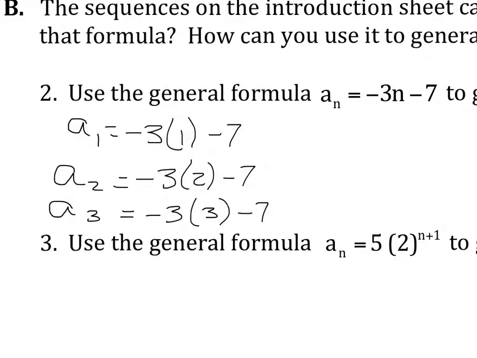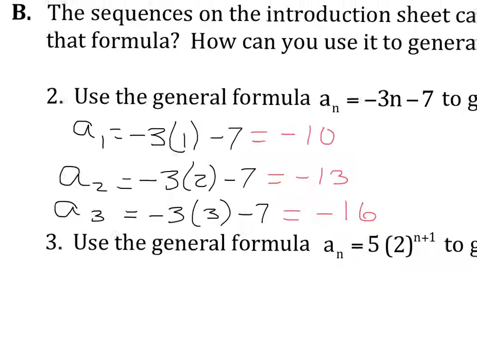So when I evaluate these, negative 3 times 1 minus 7 would be negative 10. Negative 6 minus 7 would be negative 13. And negative 9 minus 7 would be negative 16. So those are the first 3 terms of the sequence.